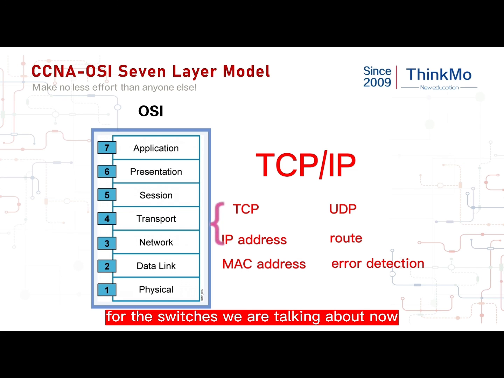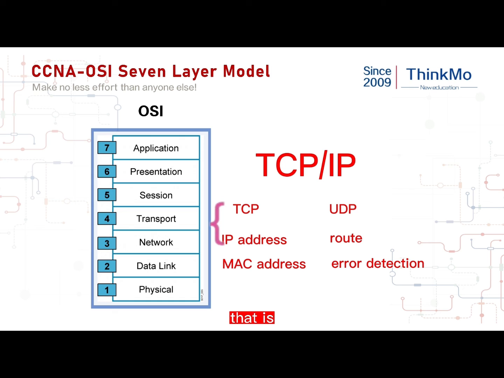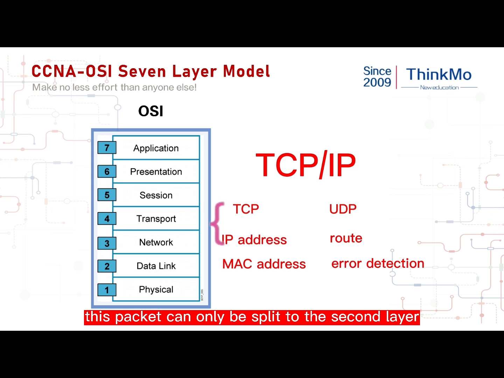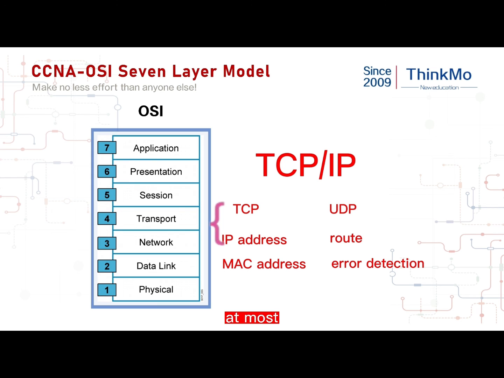The switch we are talking about now can be understood as our layer 2 switch. It works on our data link layer. That is, a layer 2 switch can only process information up to the data link layer. When a packet arrives at a switch, it can only be split to the 2nd layer at most.